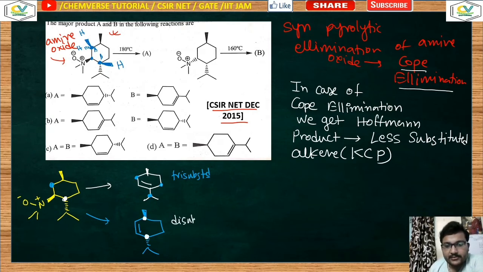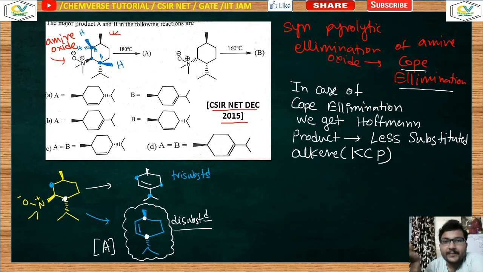Now in case of the Hofmann product, the di-substituted, that means the less substituted product, is obtained. So for this kind of system, this Hofmann product is this one, so this will be your product. So A has a structure something like this, clear.